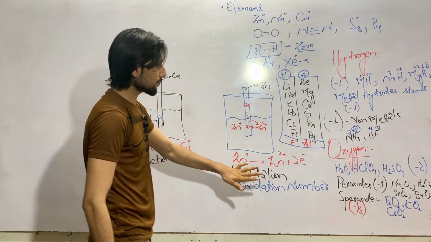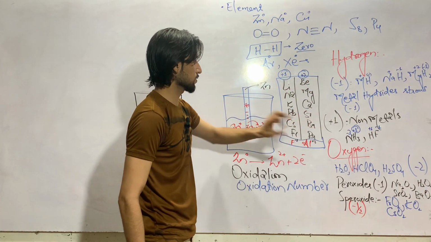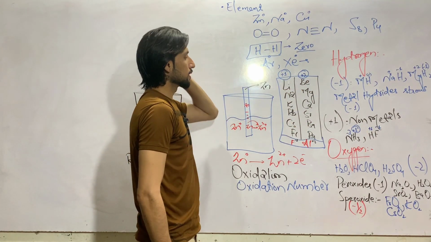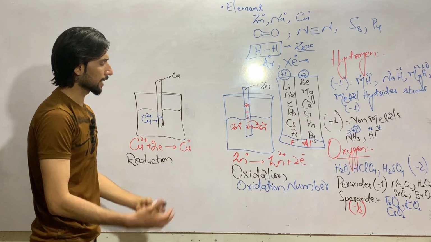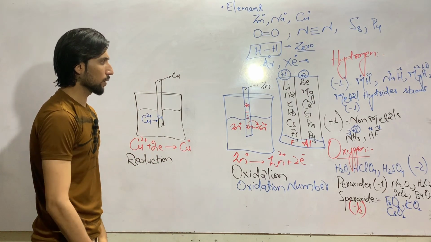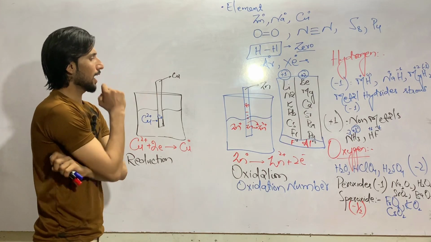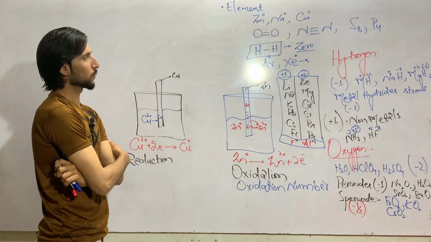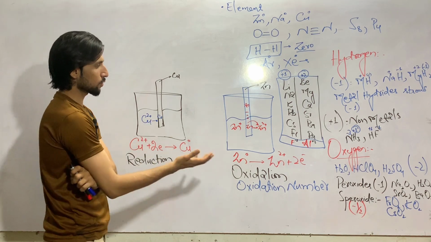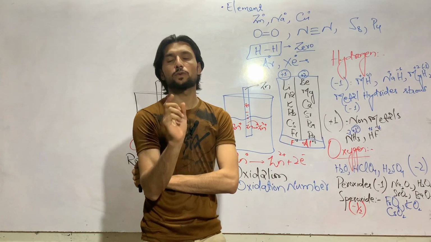So now we have the knowledge about oxygen, hydrogen, and these fixed oxidation state elements. Now we will be able to find the oxidation state of an element. Suppose I was asked to find the oxidation state of chlorine in HClO4, because now we have fixed the oxidation state of fluorine, but chlorine has no fixed oxidation state.